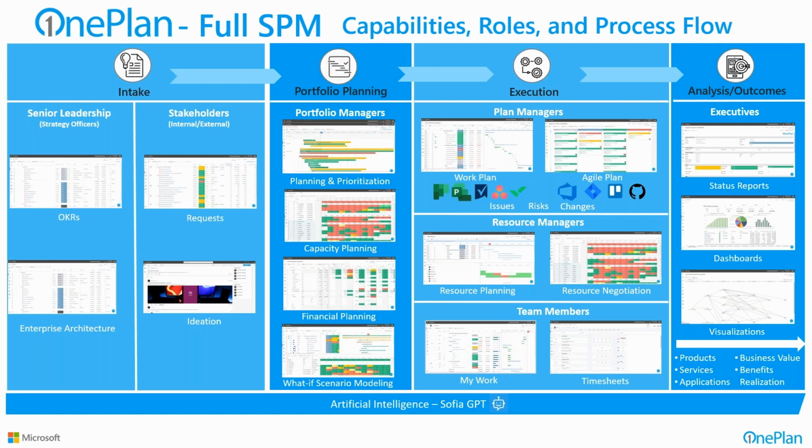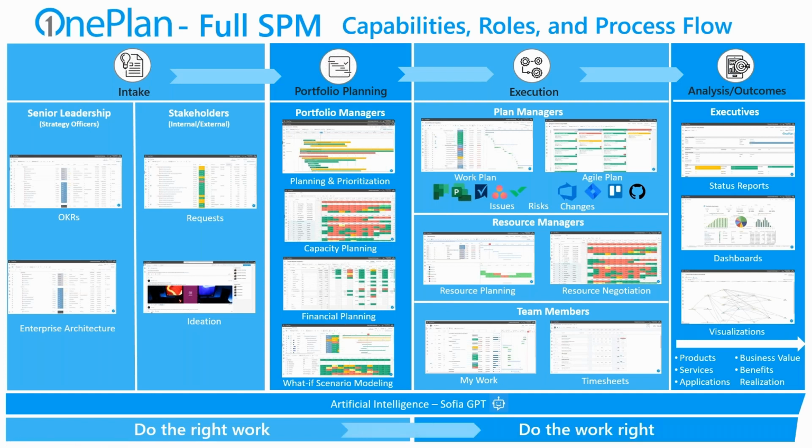Our Sophia GPT allows us to do analysis beyond what we can do with our own human intellect, and we'll augment these things by providing that intelligent-based planning and intelligent-based assistant in this mix. Ultimately, what we're trying to do is pick the right work to do the right work that aligns with strategy, and give us the tools to execute and do the work right so that we have those successful outcomes.